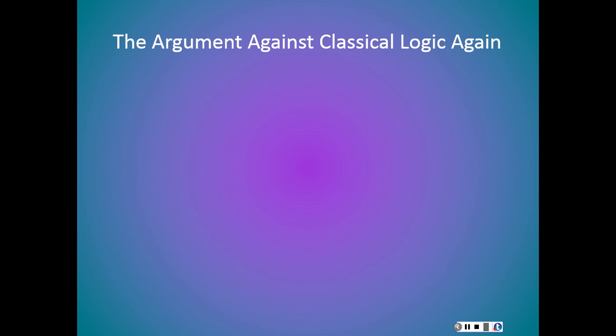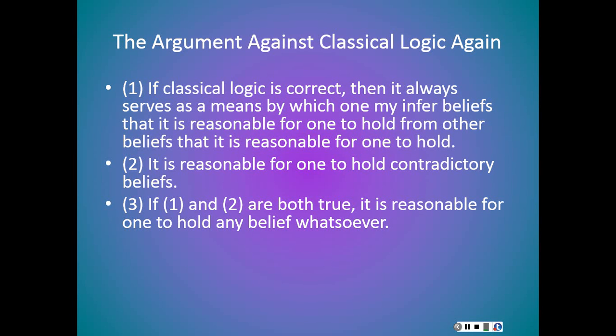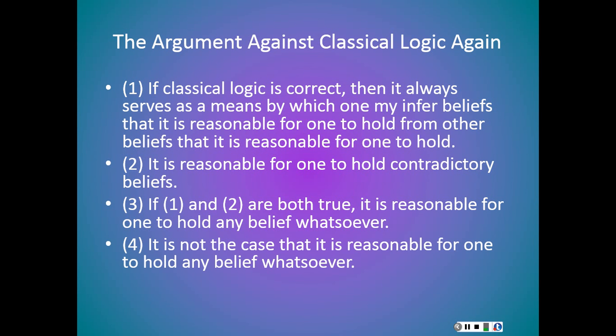So I think that premise 2 is in fact true. I think in cases like the case described in the paradox of the preface, it is reasonable for one to hold contradictory beliefs. And actually, this applies to each of us. For any given belief that I have, I'm willing to stand by that belief. Part of the nature of believing a claim is to be willing to stand by its truth.